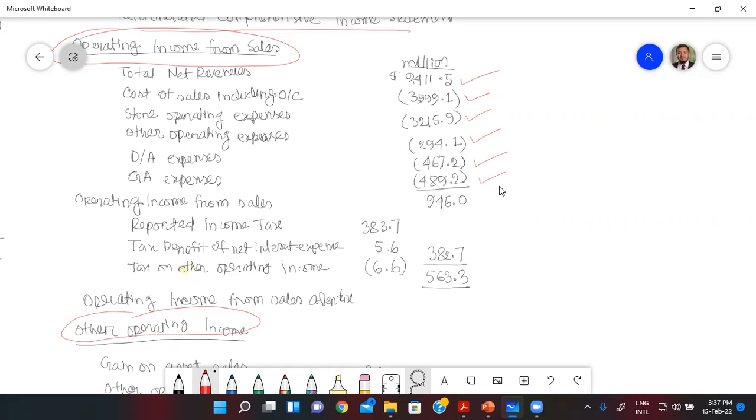So if we subtract all of this amount from my total net revenue, I'm getting a net amount here. What does it indicate? It indicates the operating income from sales, but before taxes. Up to this, any confusion?